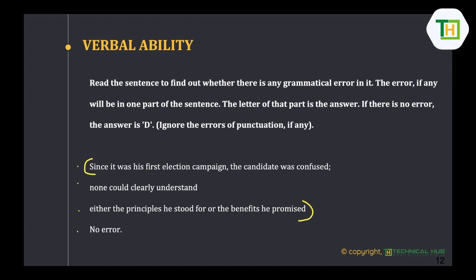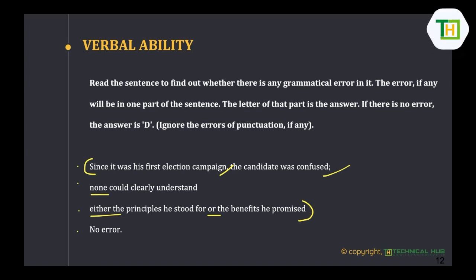Now, since it was his first election campaign, the candidate was confused. Till here it is correct. Since it was his first election campaign, okay, correct. The candidate was confused. Okay, very good. None could clearly understand either the principles he stood for or the... okay, either-or is also used correctly.